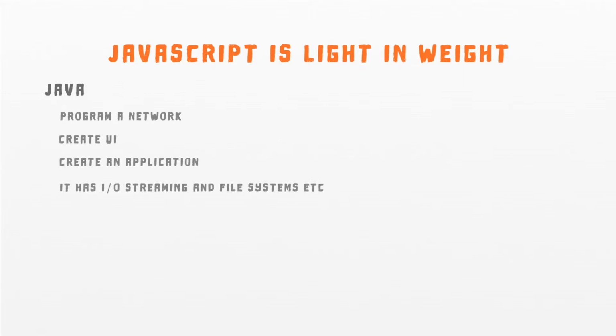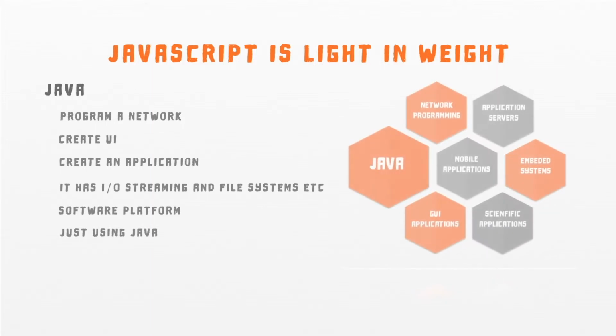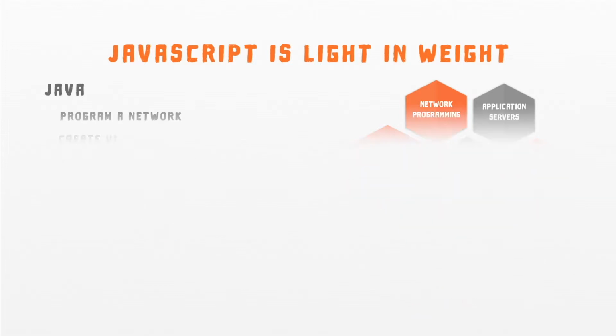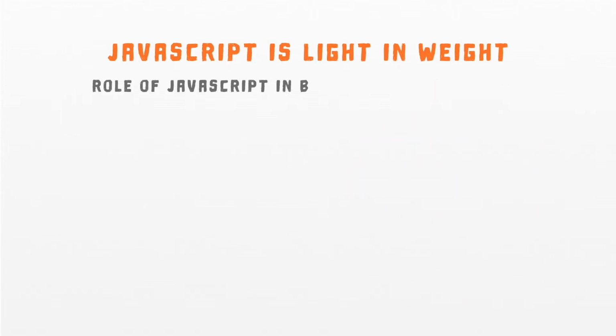It has input-output streaming, file systems, and more. And this is the reason why, apart from calling it a programming language, it is called a software platform. And just using Java, we can do all of this. Yeah, just using Java. And now let's see the role of JavaScript in the browser.